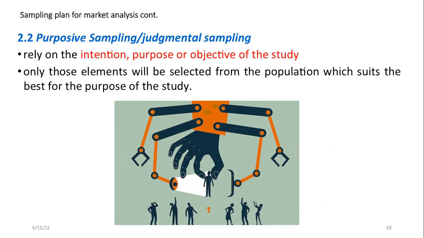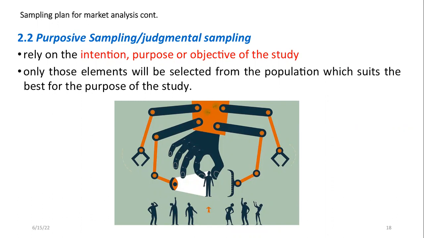Suppose you are going to develop a new food product, a new drink, as we discussed, an orange drink, right? As we have discussed, there are around 2,000 people in the faculty.